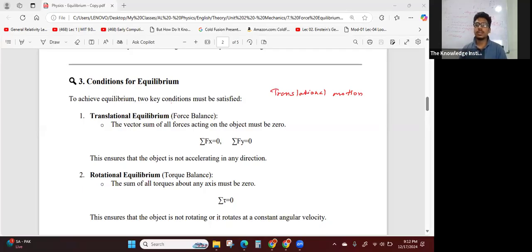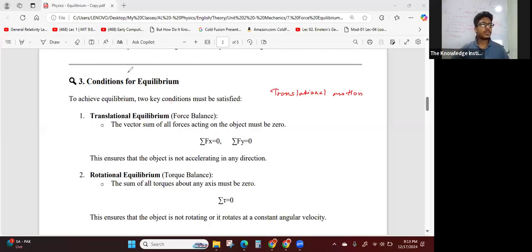Constant acceleration, no, because even with non-uniform acceleration there could be a translational motion. The particle accelerates and then decelerates and then stops, and then acceleration is 2 meters per second squared and then 5 meters per second squared. Still the particle is moving, so it's a translational motion.